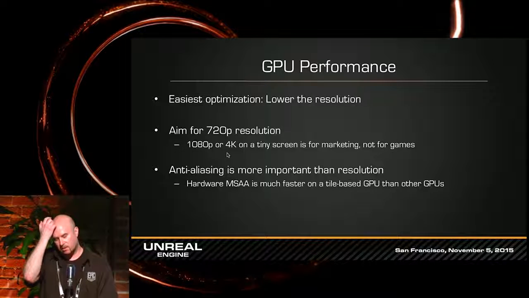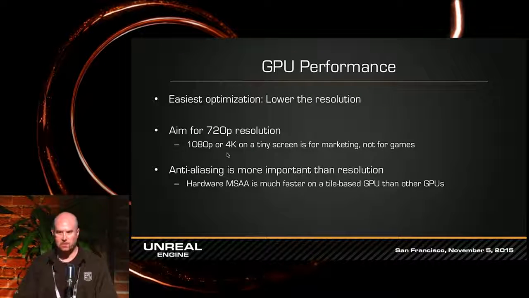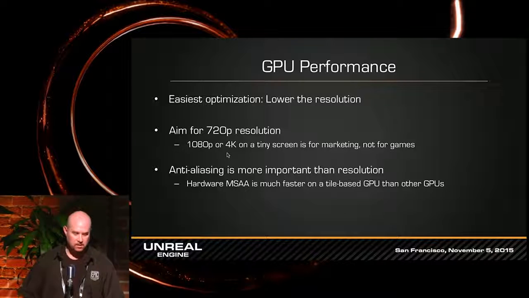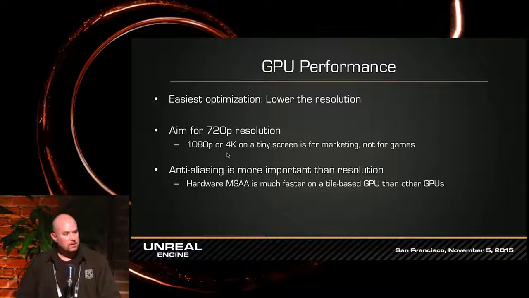When the first iPad Retina display came out, I tried it, and I tried native resolution, and it was, oh, it's okay. And then I went back to lower resolution and tried MSAA, and wow, it was beautiful. It turns out, or just by coincidence, MSAA is one of those things that tile-based GPUs are much better on than direct renderers.